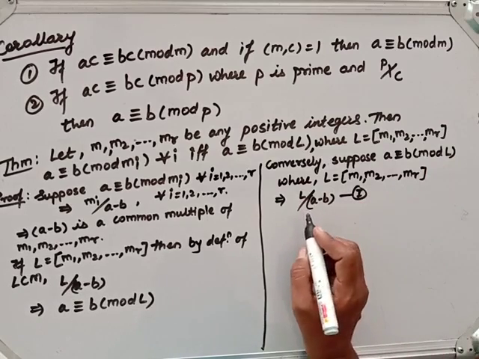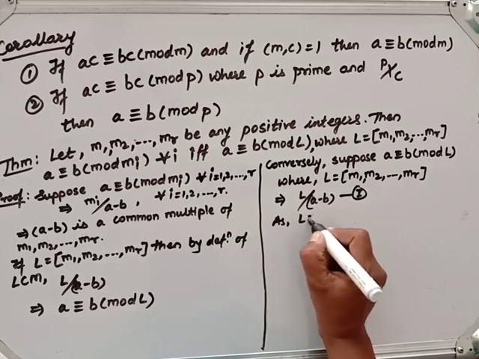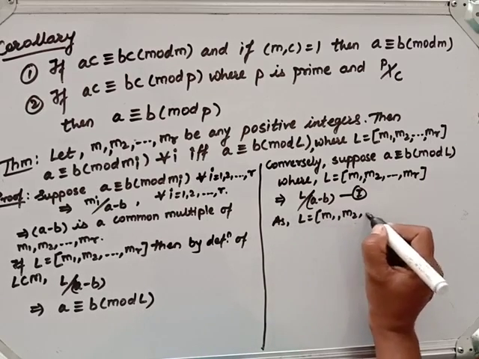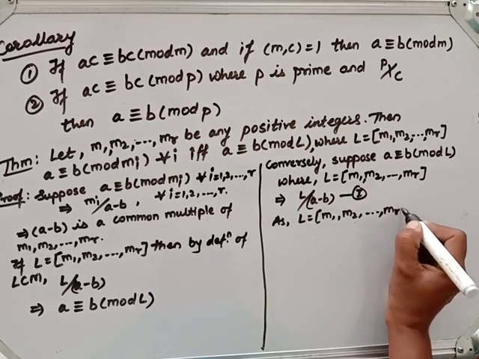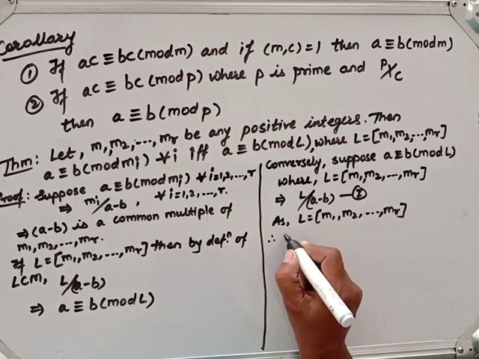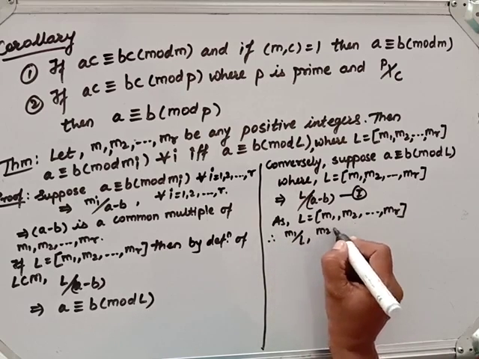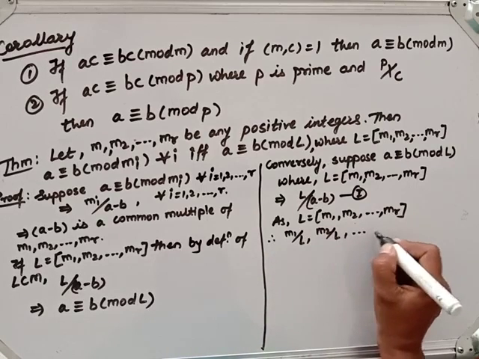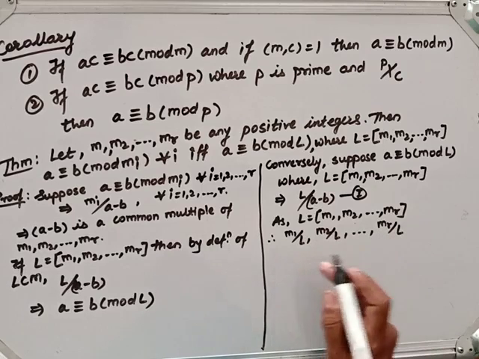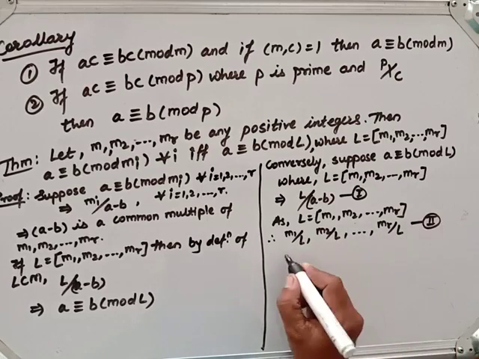Fine. Now as L is the LCM of M1, M2 and so on up to Mr, therefore what we get? M1 divides L, M2 divides L and so on. All Mi divide L, meaning each Mi divides L. Call it equation number 2.